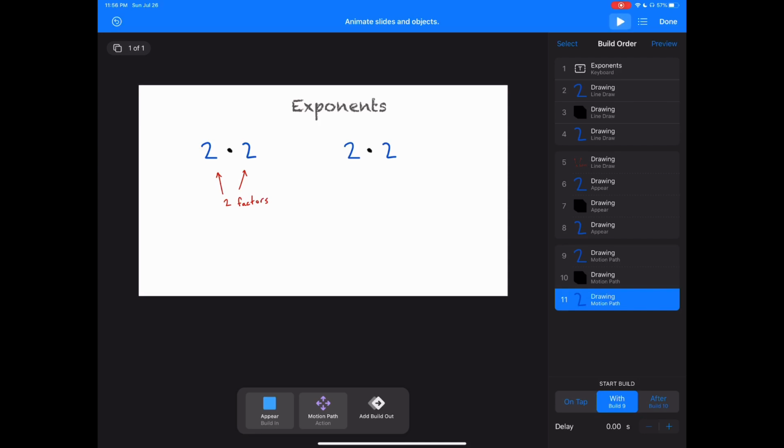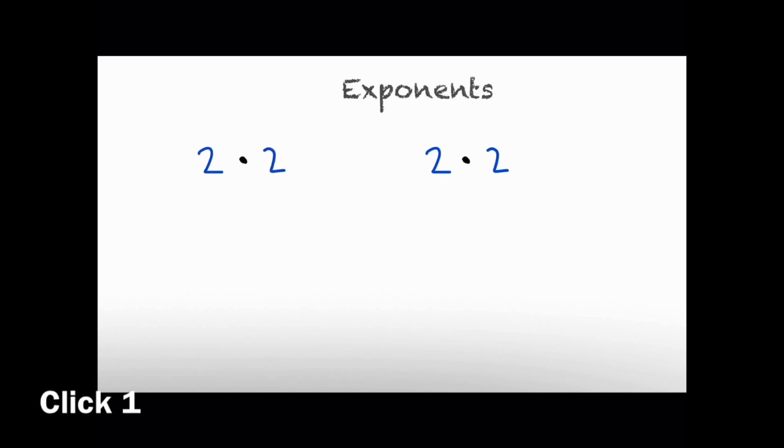And we can kind of see this happening. Bear in mind, we haven't done any animations with these. So right now, we're going to see these before anything else because they're just sort of there, but we'll get there. So here's our typing exponents. Here's our immediate after drawing of 2 times 2.